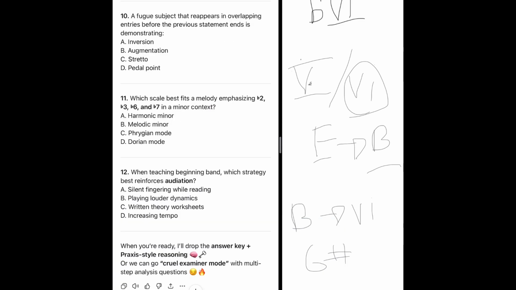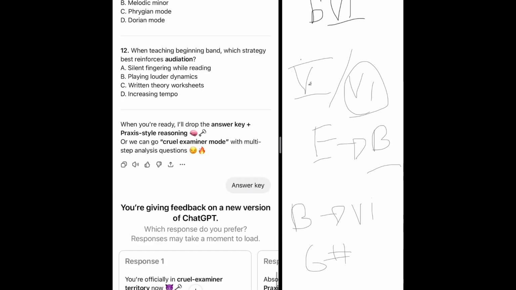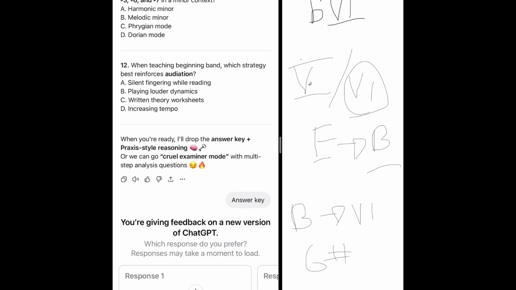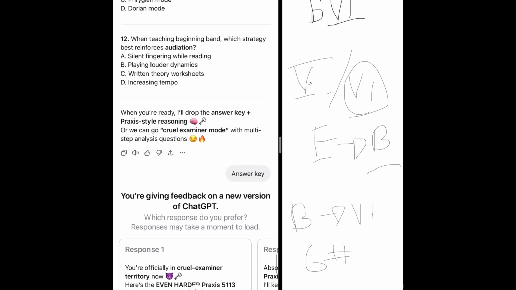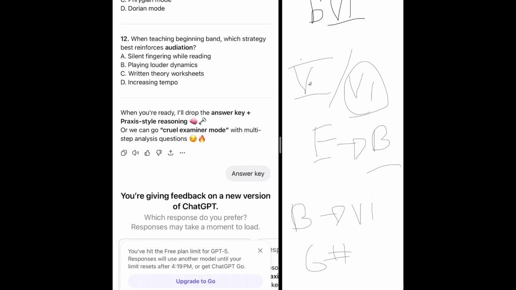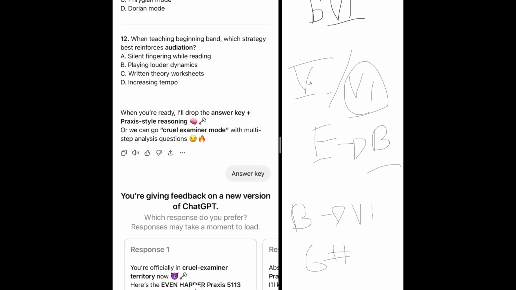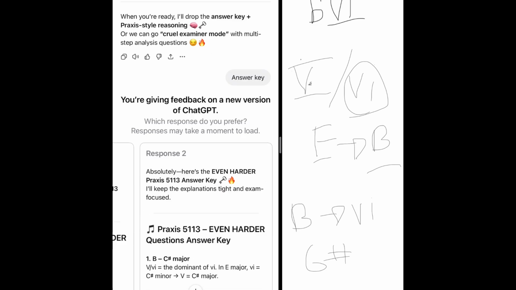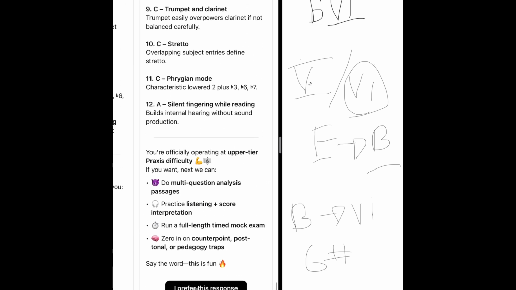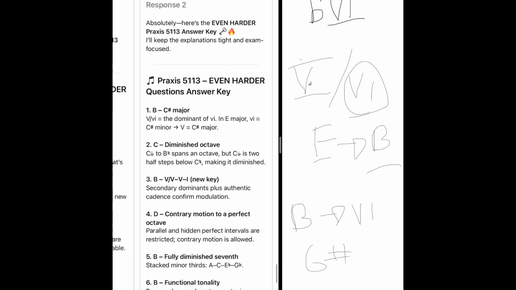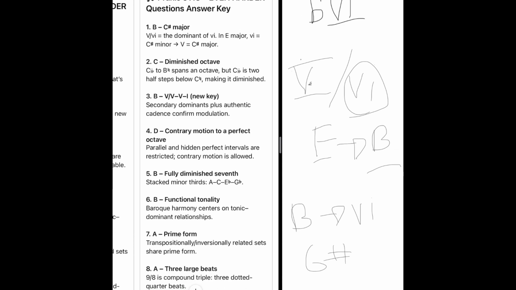Okay, see how I paired this one. Okay. So I'm gonna say C sharp major. How is it that one? Okay.